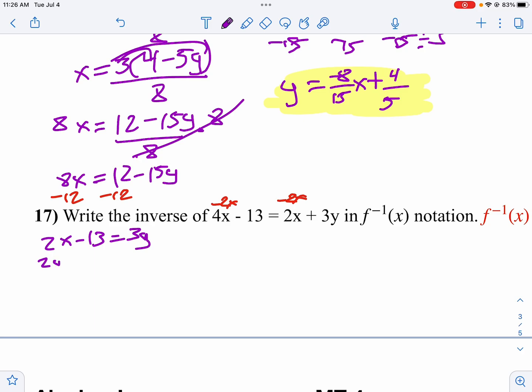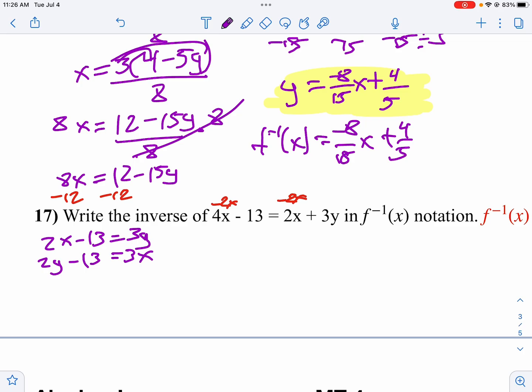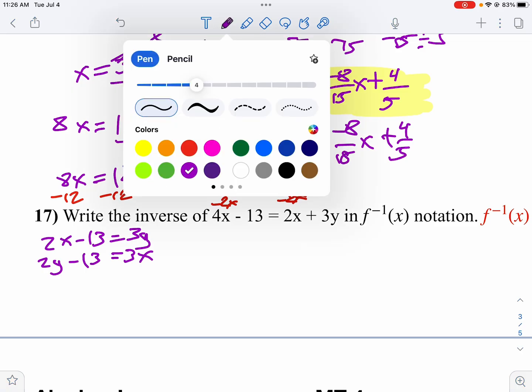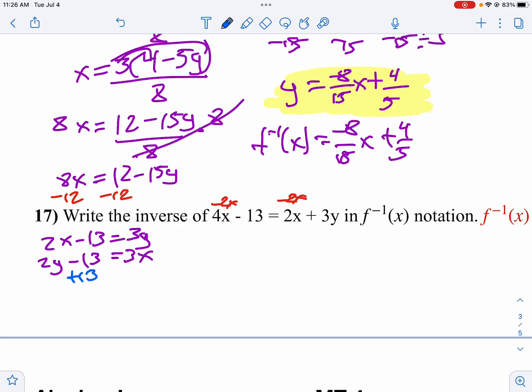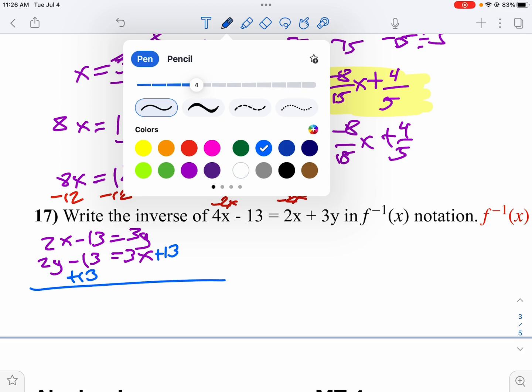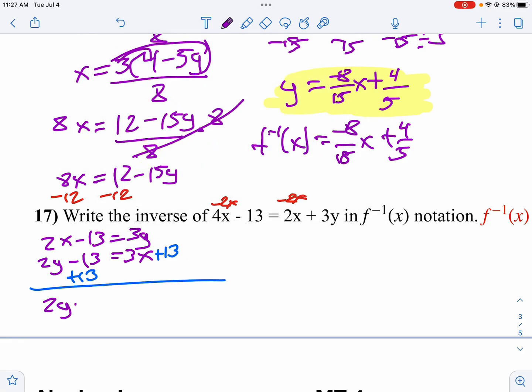So 2y, oh, I almost forgot on the last one, I should write that in inverse notation, follow the directions. Okay, so 2y minus 13 equals 3x. Now we'll get y by itself, so I'll add 13 to both sides. So I'll get 2y equals 3x plus 13.